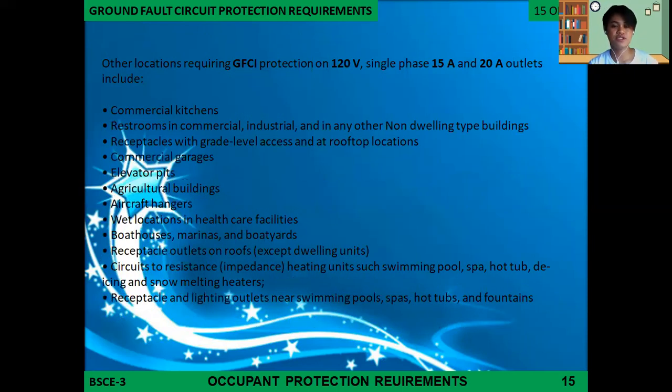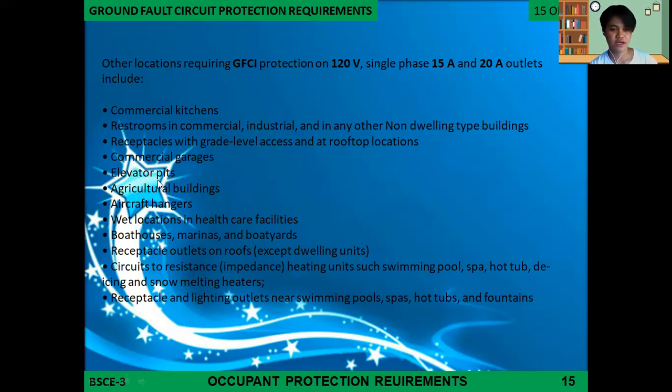Other locations that require GFCI protection on 120 volt single phase outlets include commercial kitchens, restrooms in commercial, industrial, and any other non-dwelling type buildings. Receptacles with grade level access and at rooftop locations.